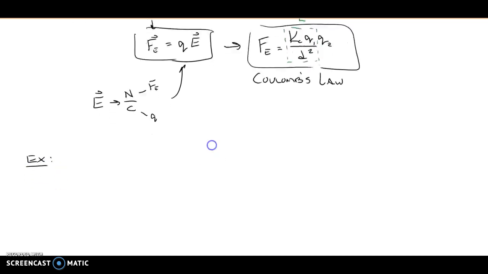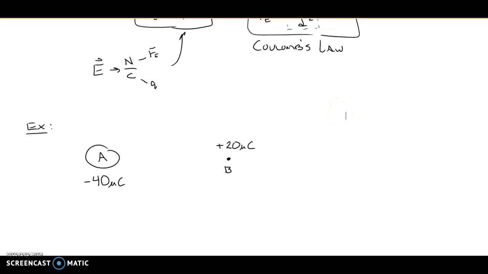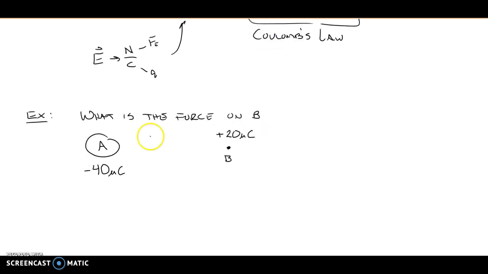As we've done before, I have a source, call this A, and it has a charge of negative 40 microcoulombs, and I have a second object, a test charge, call this B, and it has a charge of positive 20 microcoulombs, and I want to know what is the force on B. I'll tell you that there's a distance between them.